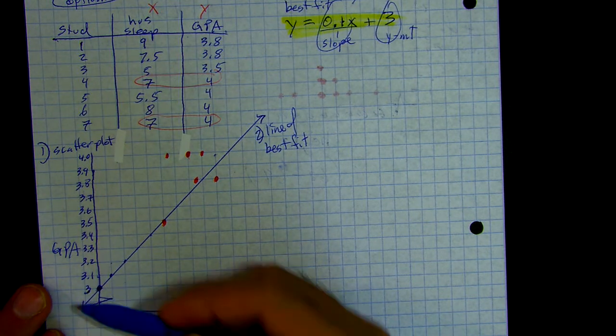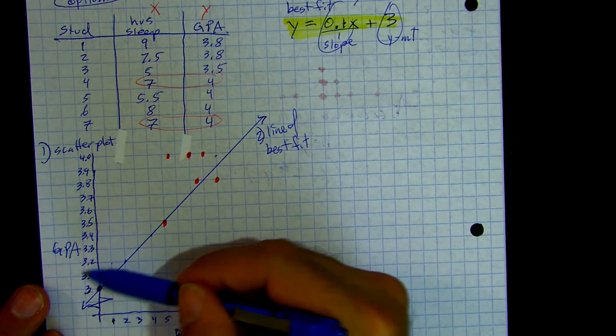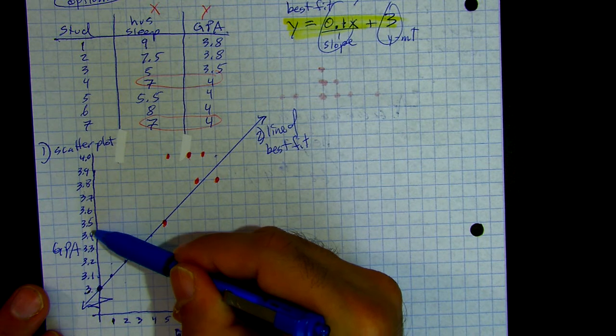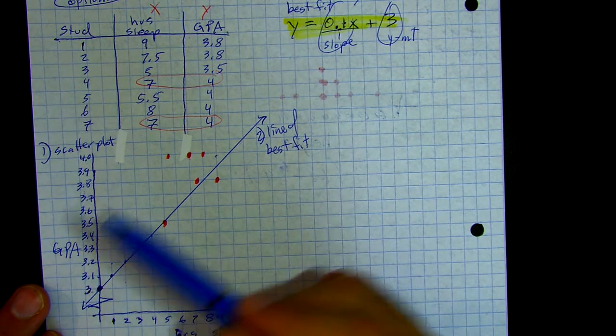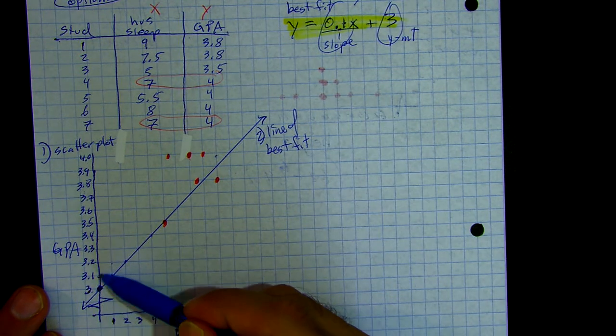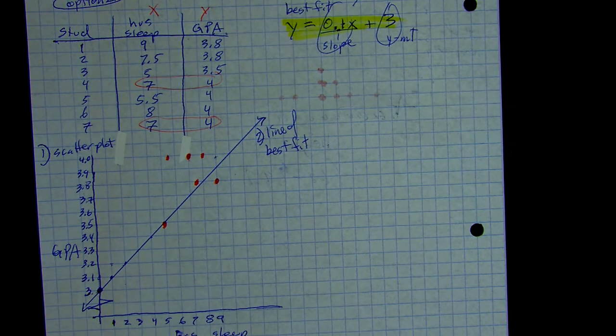But look how I define my y-axis. 3, 3.1, 3.2, 3.3, 3.4, right? So if I'm going up 0.1, I'm going to go up from 3 to 3.1 and then over 1. Up to 3.2 and over 1. Yeah, you weren't the only one. I'm sure others thought that. Thanks for bringing it up.